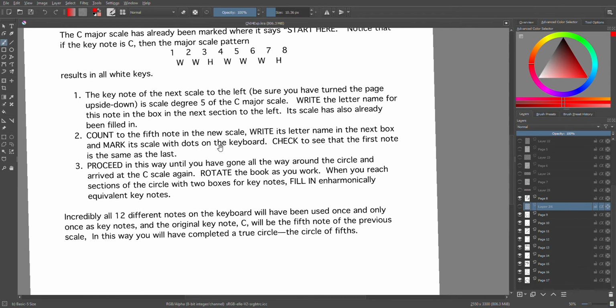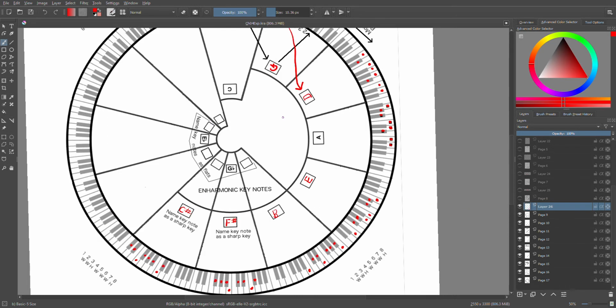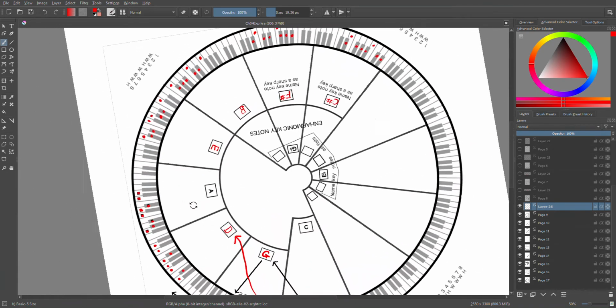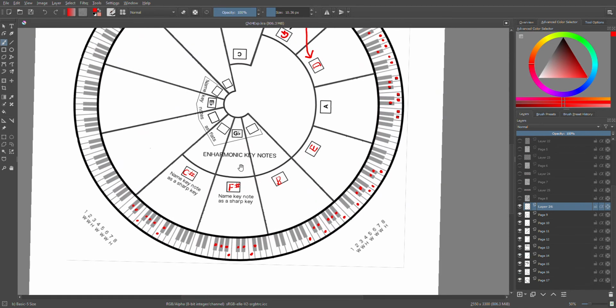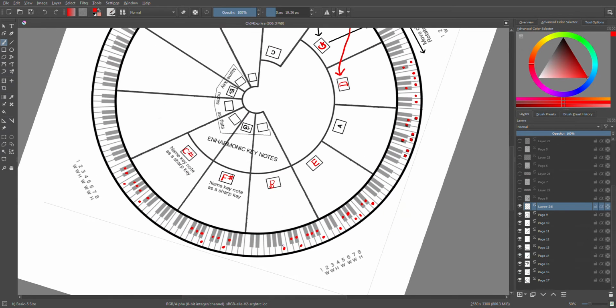We are gonna go the other way now. Oh wait, we can't, so never mind. Enharmonic keynotes. So let's find the enharmonics. What's the same as B natural? A sharp sharp?